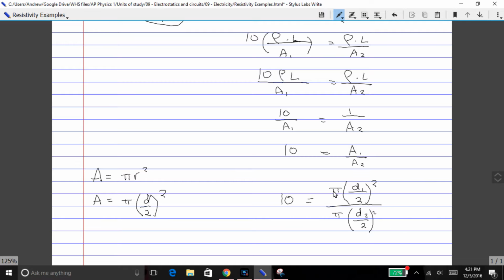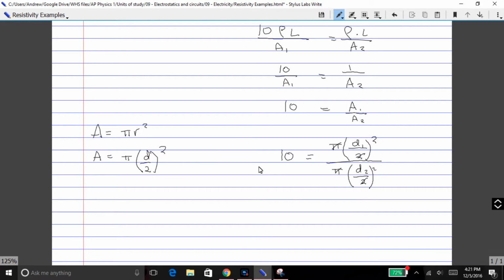All right, the pi's cancel. The 2 squared on bottom for each one, those cancel. And that leaves us with then 10 equals D1 squared over D2 squared. And if we square root both sides, then we'll have square root of 10.